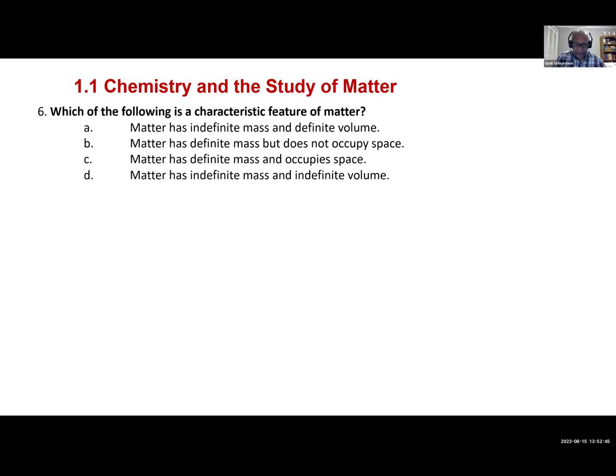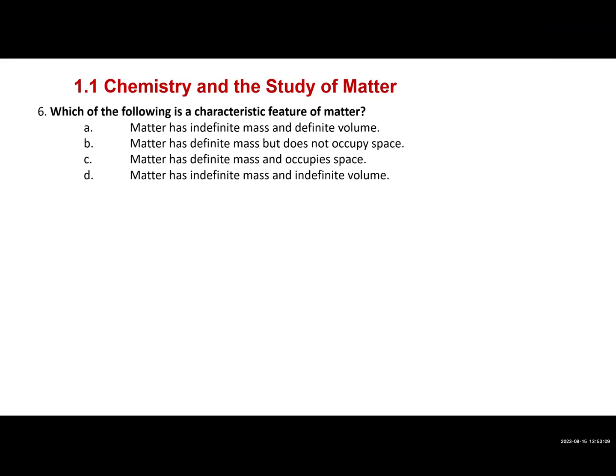Matter has definite mass and definite volume. It's same as occupied space. So which one is true, D? D, both are wrong. Indefinite mass and indefinite.